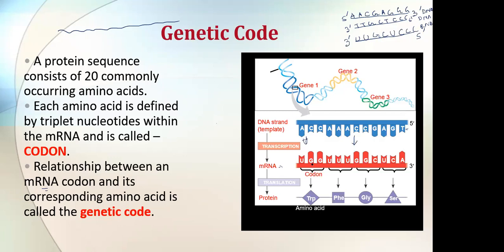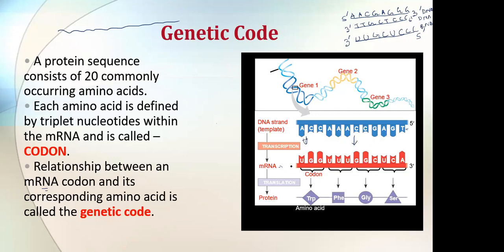Now on RNA, the cell actually reads 3 nucleotides together. Three nucleotides together are called a codon, and each codon represents one amino acid.